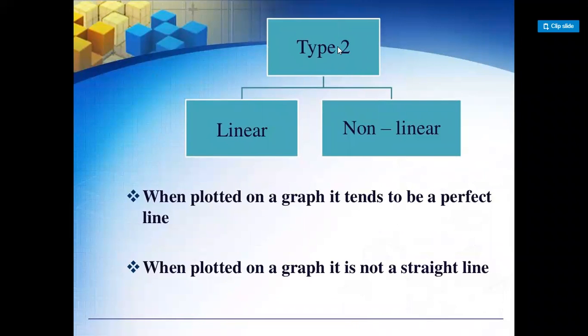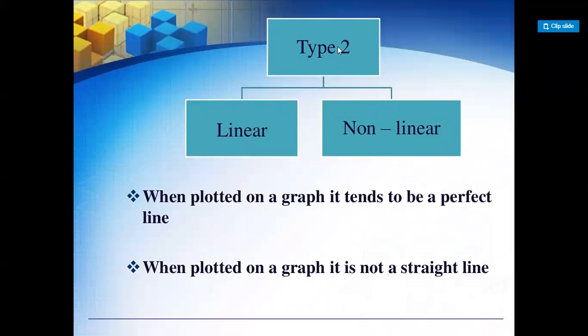Now we will discuss type 2 of correlation. It is divided into two parts, linear or non-linear correlation. Linear correlation exists if the amount of change in one variable tends to bear a constant ratio to the amount of change in the other variable.